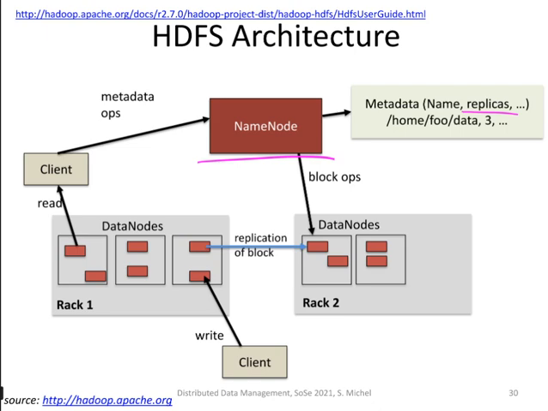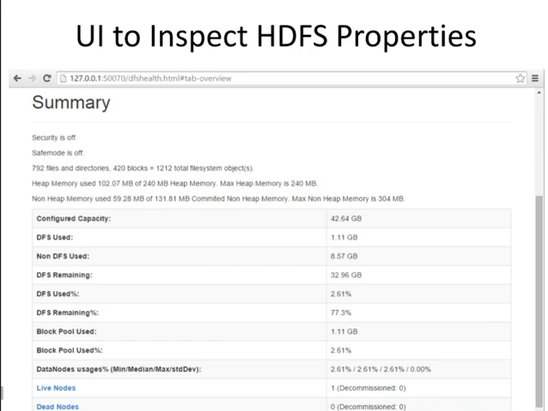The clients could read and also write to this distributed file system. And using a UI, you can have a look at the properties of the HDFS, for instance, how many nodes are participating, how much space is left, how much space is used, and so on.